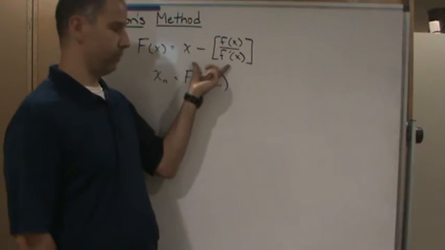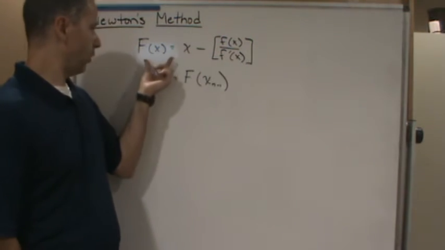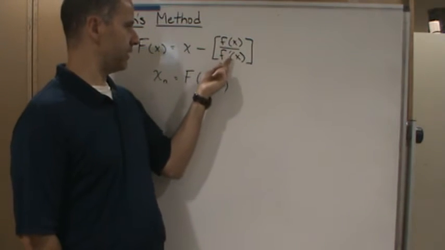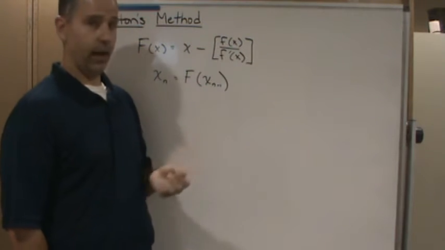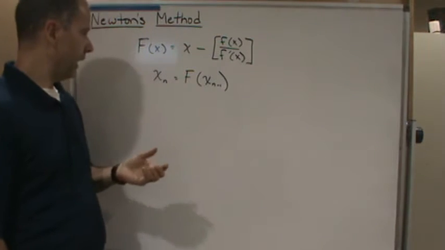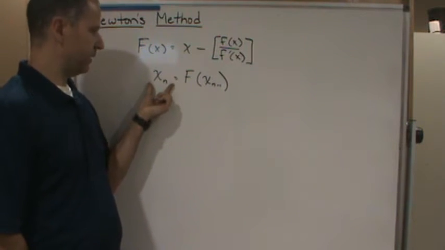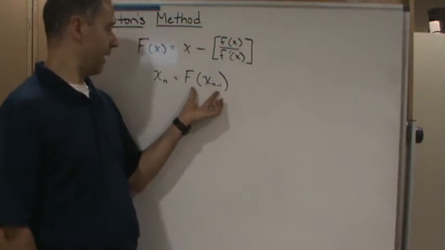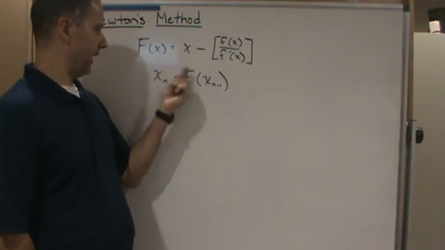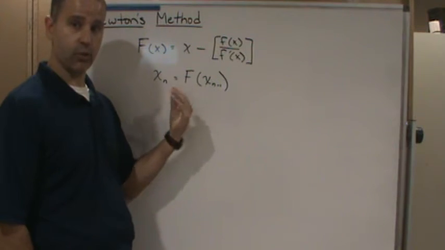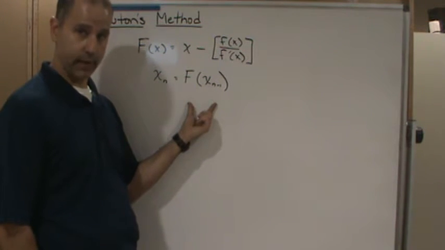So here's our Newton's method. It's a function of x where we have x minus f of x divided by f prime of x. This is an iterative process because x of n relies on the function evaluated at the previous approximation. That is why we call it an iterative process.